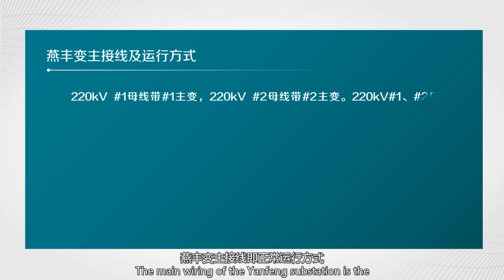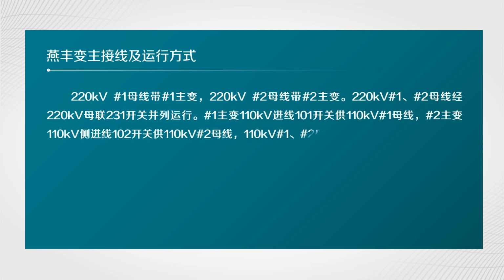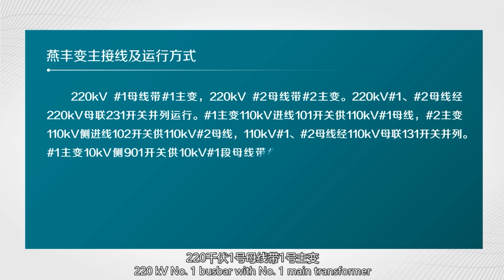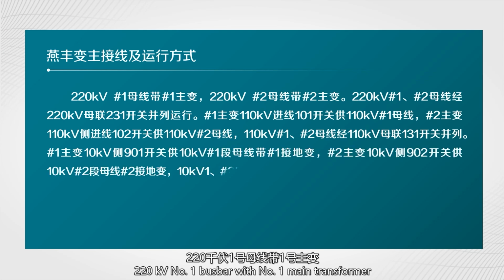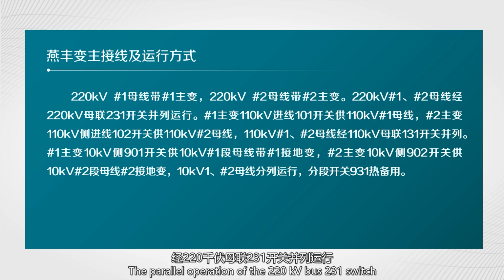The main wiring of the Yanfeng substation is in the normal operation mode: 220 kilovolts number 1 bus with number 1 main transformer, 220 kilovolts number 2 bus with number 2 main transformer, and 220 kilovolts number 1 and number 2 buses in parallel operation through the 231 switch.